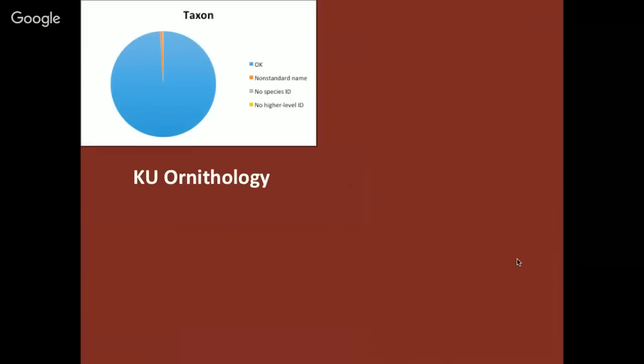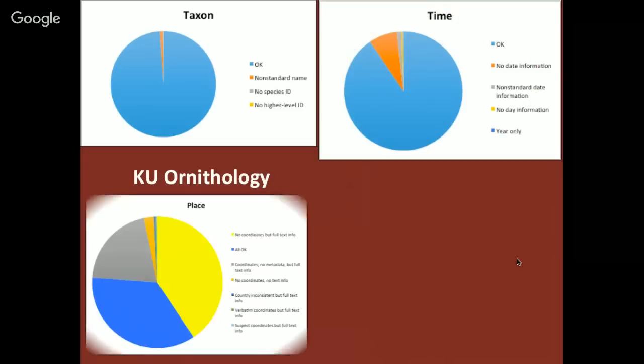I promised you I would criticize the KU ornithology data set as well, and so I will. Here are taxon, time, and place for the KU ornithology data set. In taxon, we're largely good.